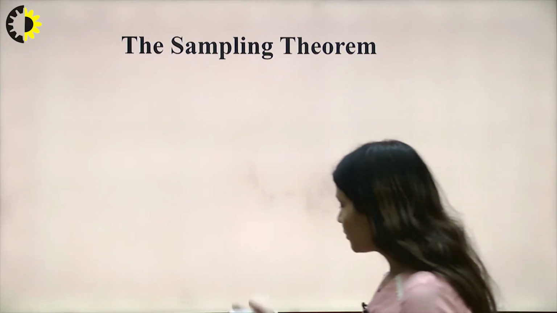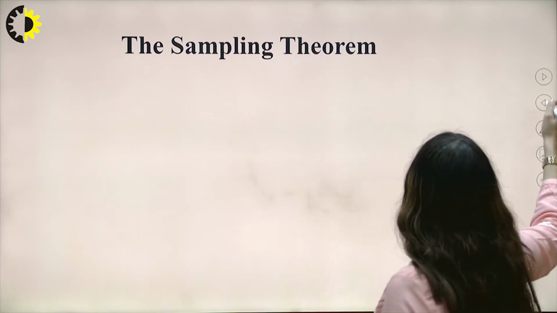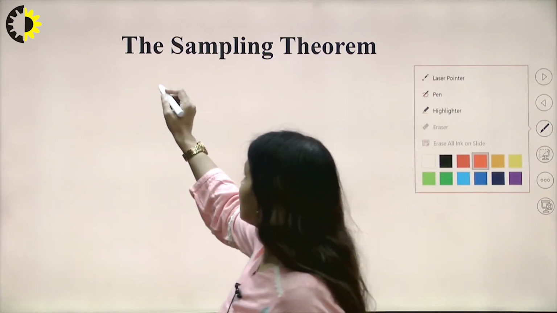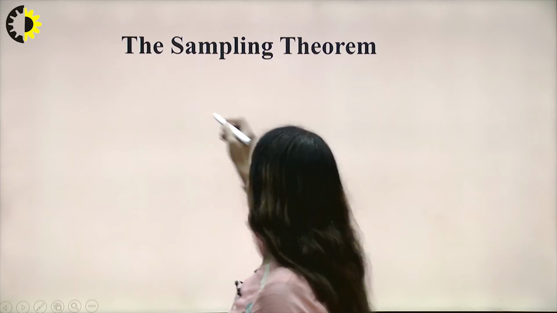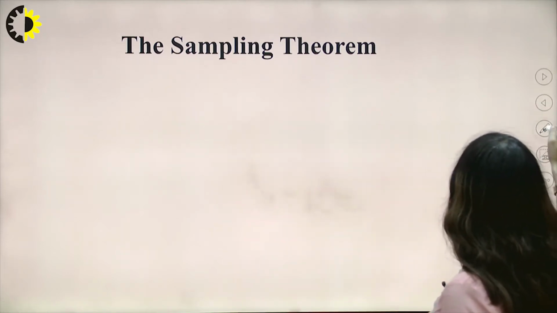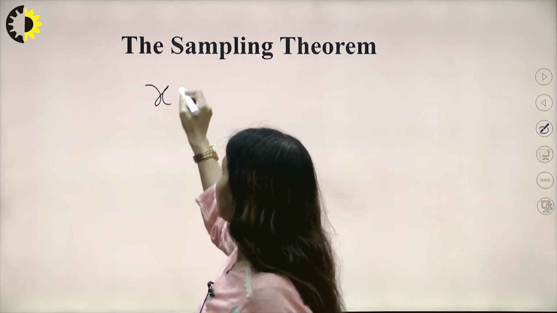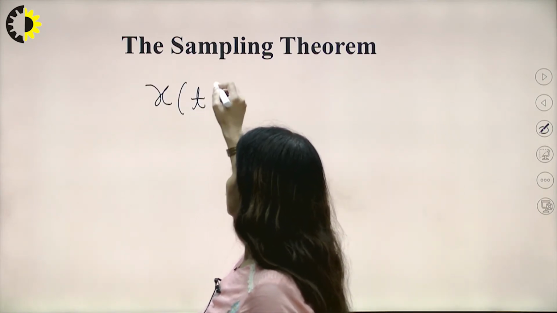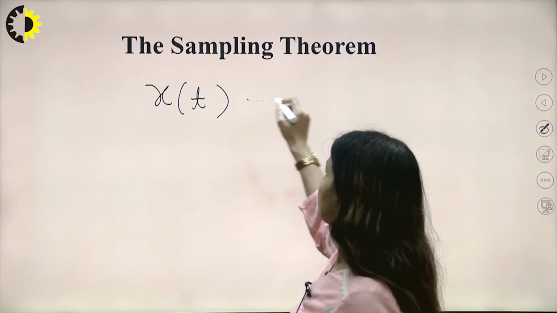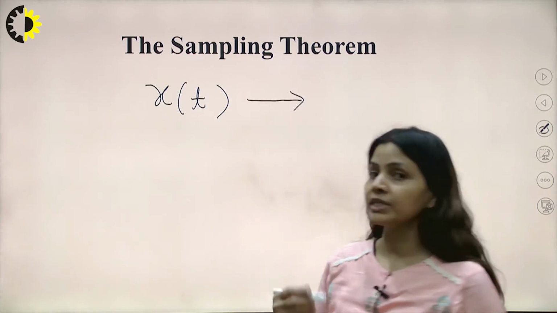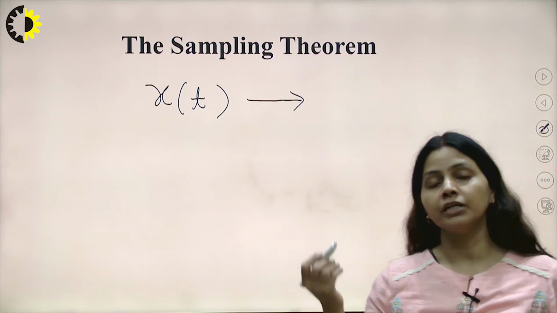Let's say we have one signal, that is x(t), and it has some frequency components f1, f2, f3 and so on.